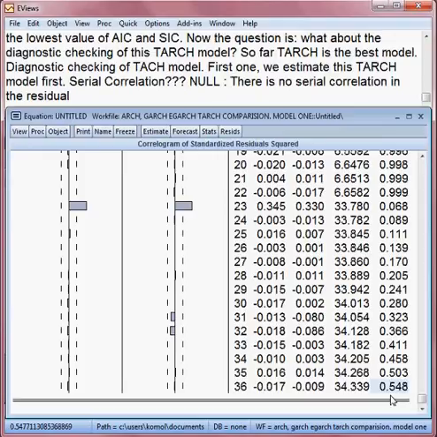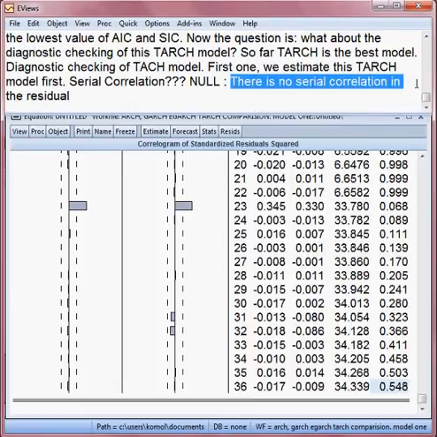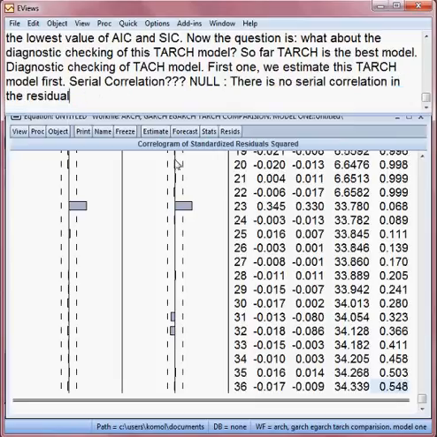So we cannot reject the null hypothesis, meaning there is no serial correlation in the model. So we are happy about it.